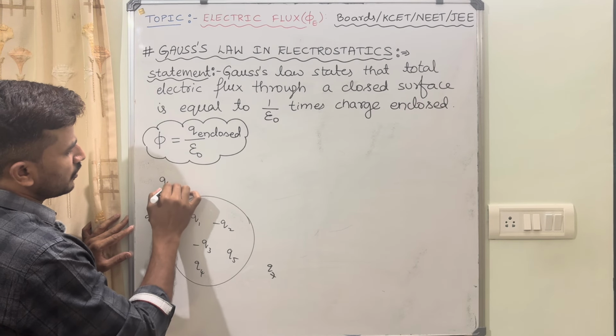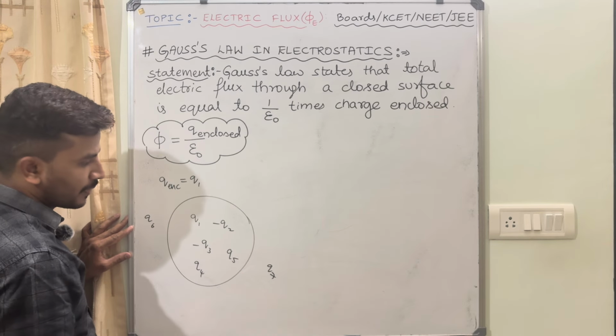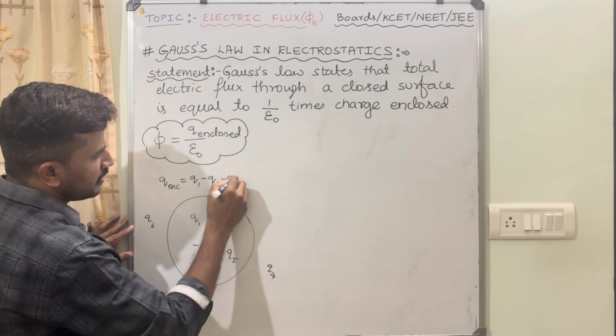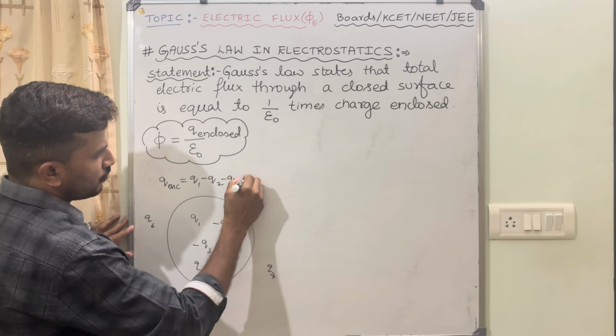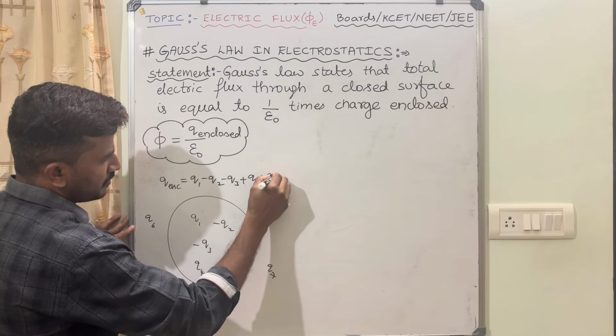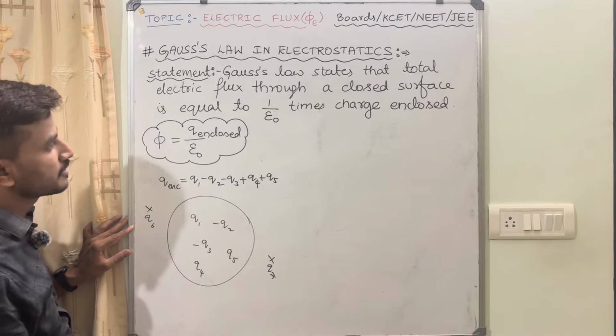Therefore, q enclosed is given by q1 minus q2 minus q3 plus q4 and q5. You should not consider the outside ones for enclosed charge.